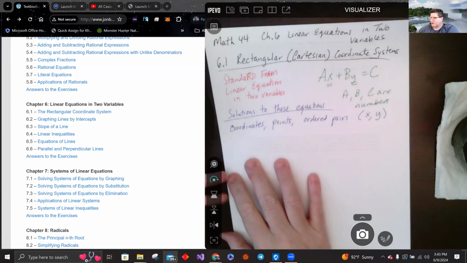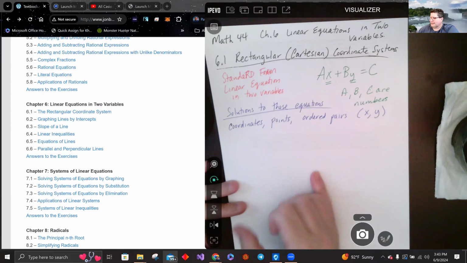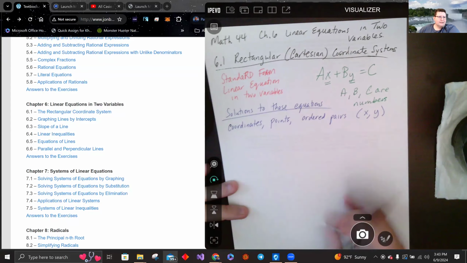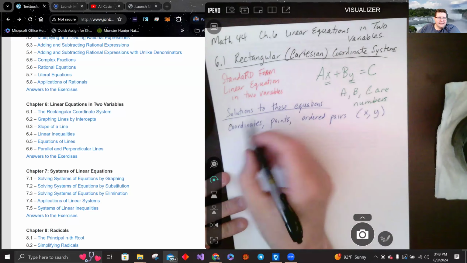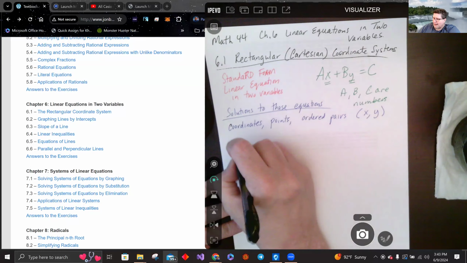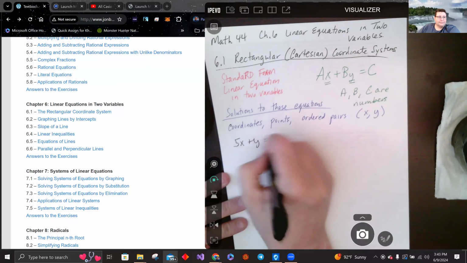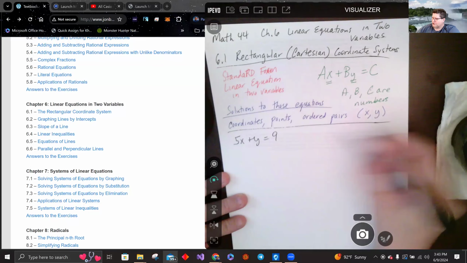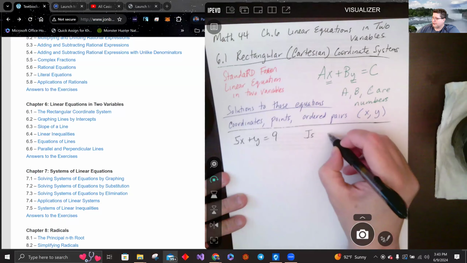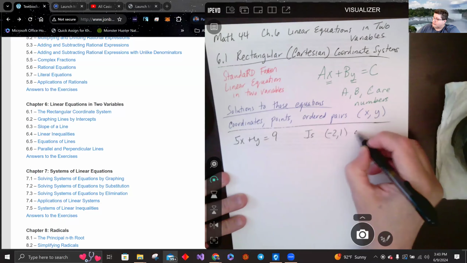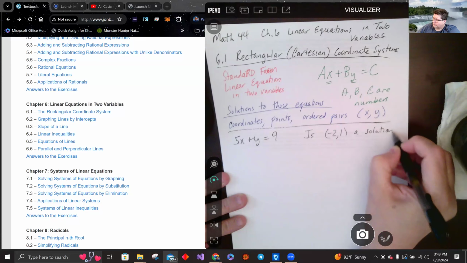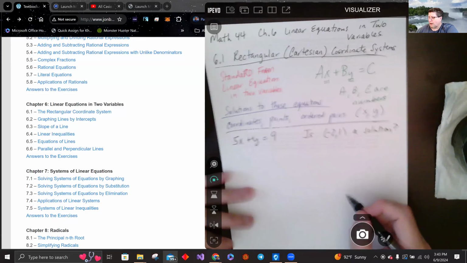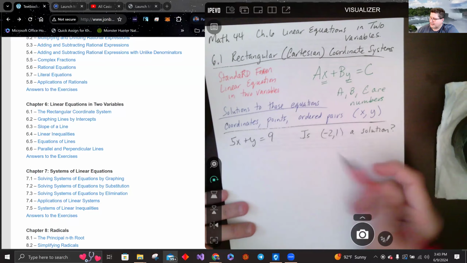So before we get into graphing and looking at the rectangular coordinate system, let's just see what we're talking about here. Let's say we have 5x plus y equals 9. Is (-2, 1) a solution? Well, the way we find out is we plug it in. This is my x value.